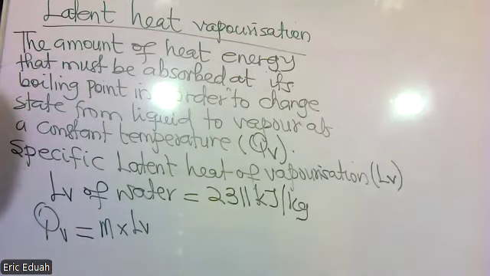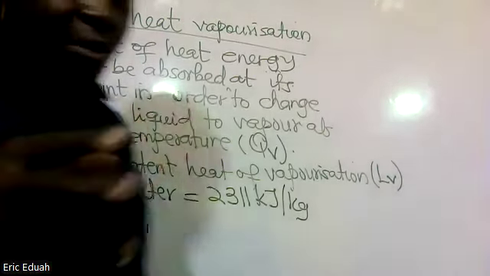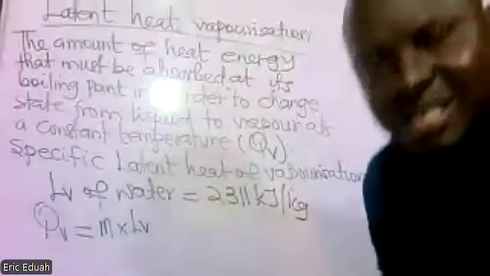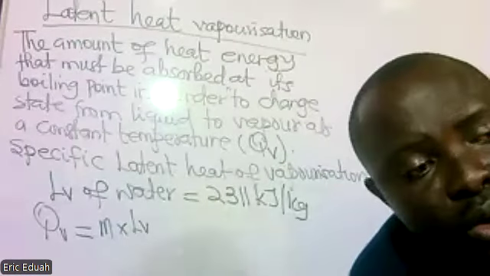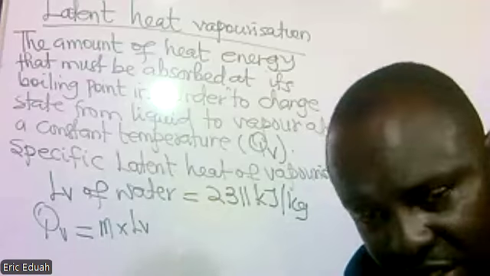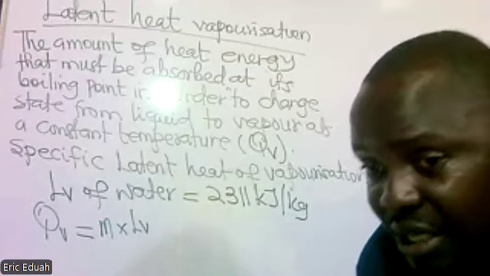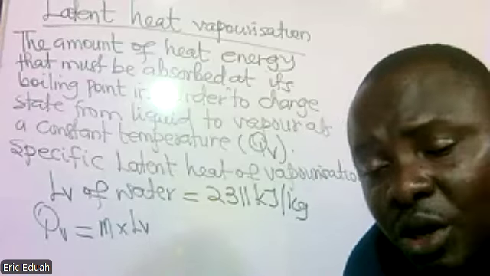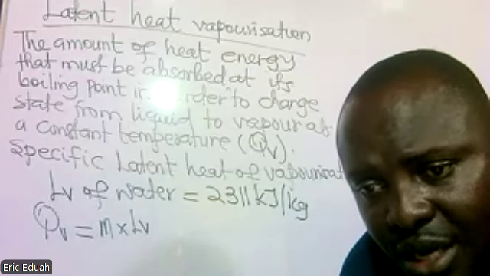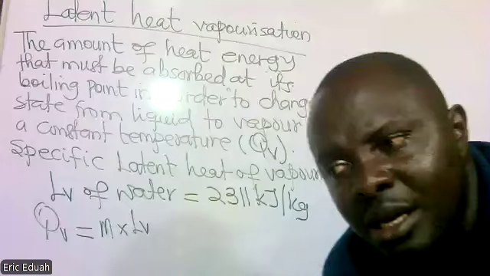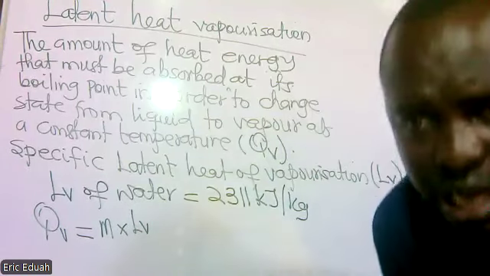So when you put water in a freezer at 0 degrees Celsius, water begins to change state. Please, it does not mean that at 0, every water has changed to ice. The change of state starts at 0.